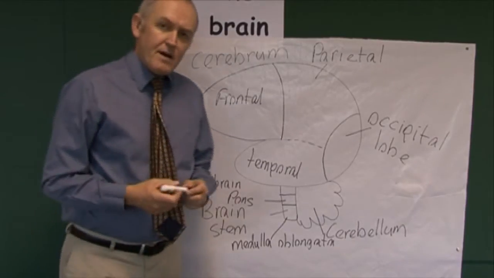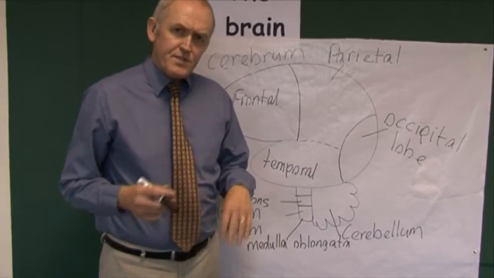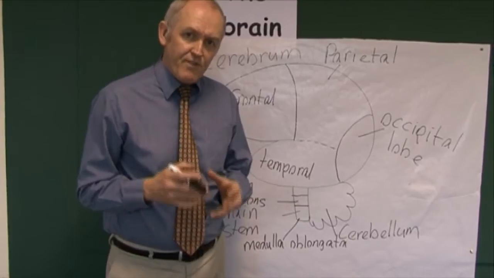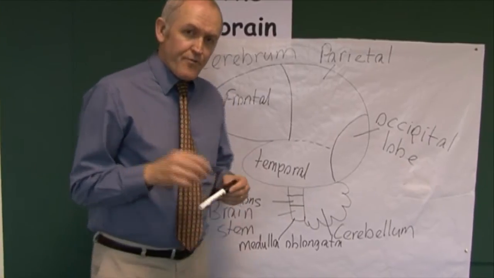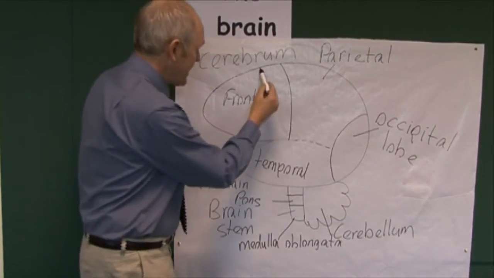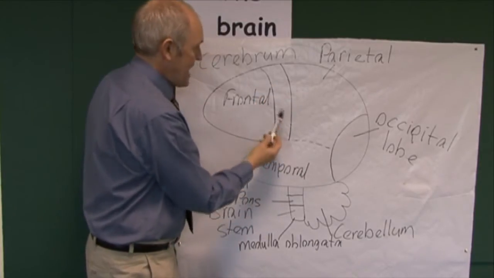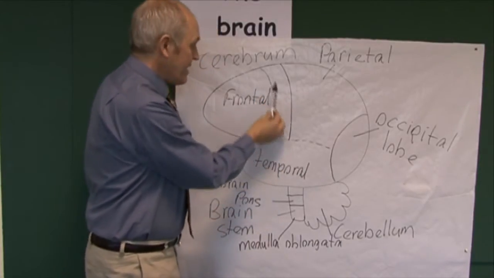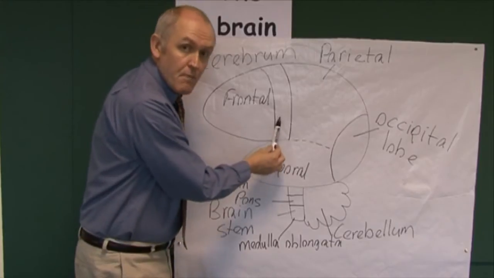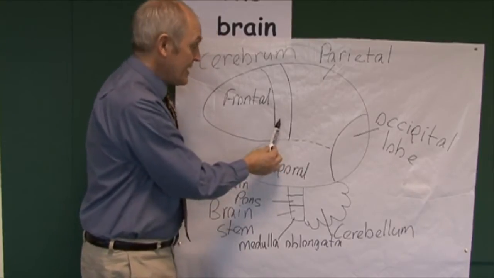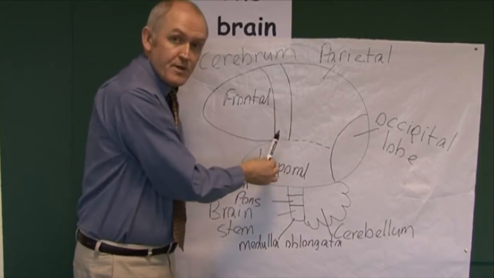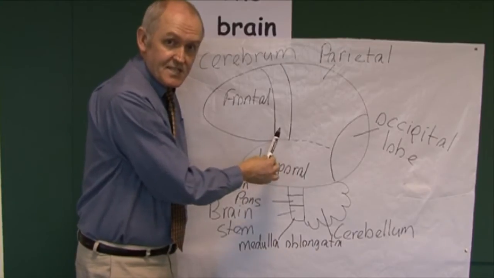Now the interesting thing about the brain is that certain parts of the cerebrum have specialised functions. So for example, just here, in this area of the frontal lobe, we have an area of brain called the motor cortex. And this is where all of the movement of the body originates.